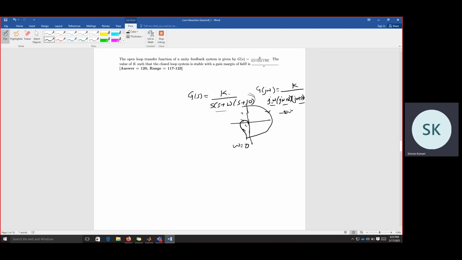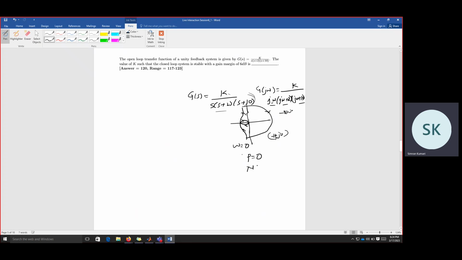So if you see, what is the number of poles in the right half plane for this system G? The number of poles is equal to 0. So what is the encirclement of the point minus 1 plus j0 that is required?